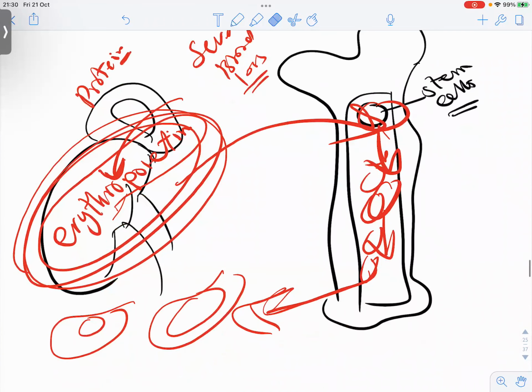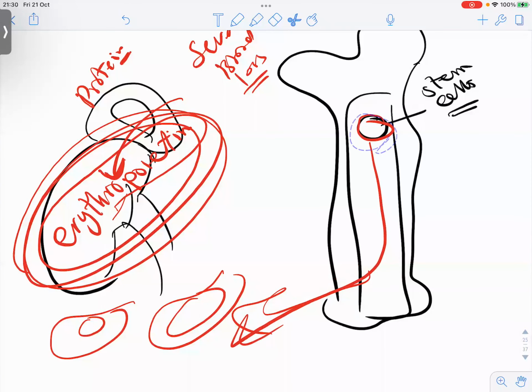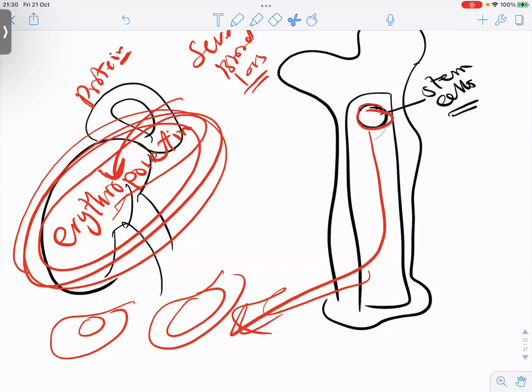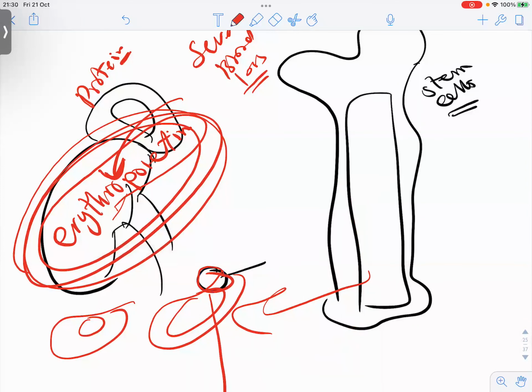Of course, the bone marrow is a factory, and the factory cannot produce that much. So the problem is that the bone marrow will be in a hurry, and it will start to secrete stem cells outside.